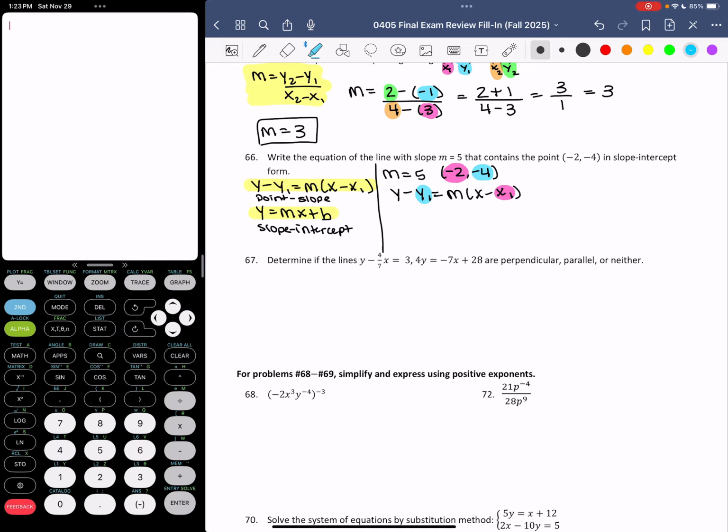And then we will use, what color did I not use? Red, I guess. We'll use that for the slope. There we go. Okay, so when we substitute things in, y minus, put in parentheses here, -4, equals 5 times x minus, put in parentheses, -2.